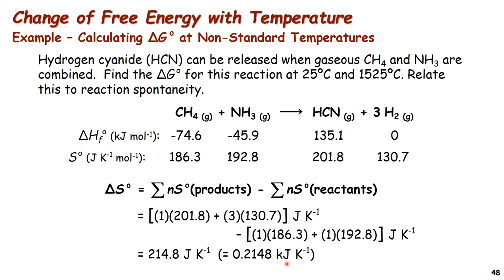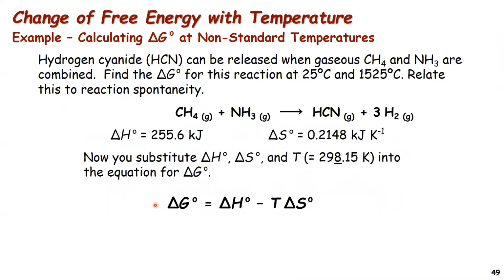kilojoules per Kelvin. Okay, so now I can plug it into the equation for the free energy change with respect to the change in enthalpy and the change in entropy. So I'm just at 25 degrees Celsius. I'll plug these two values in. This has got to be in Kelvin, so 25 plus 273.15 is 298.15 Kelvin.